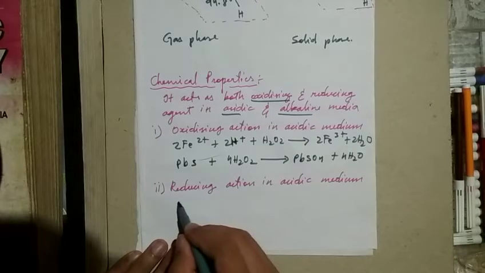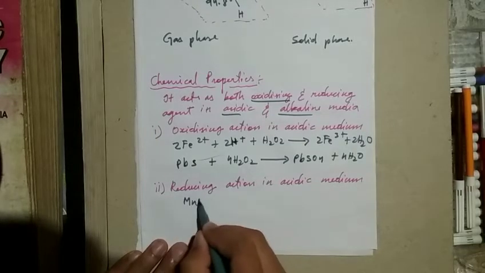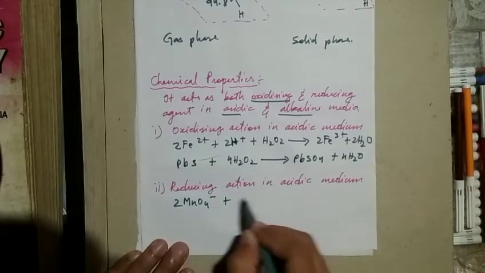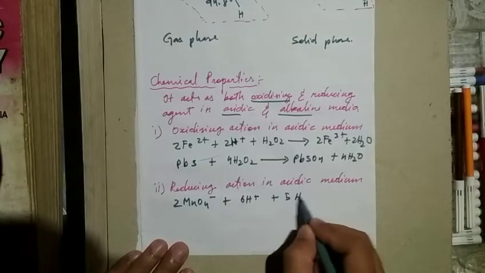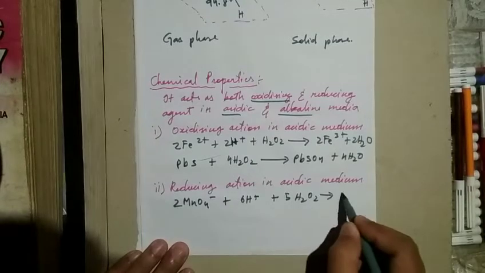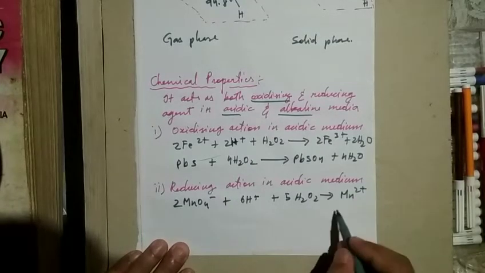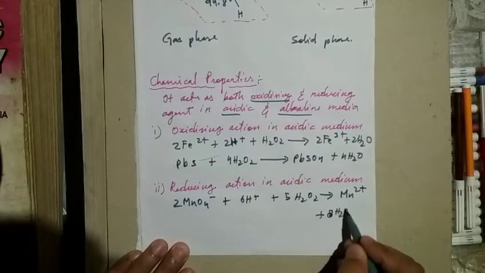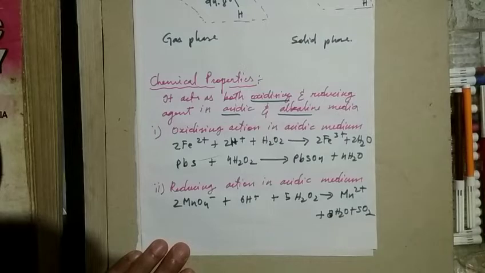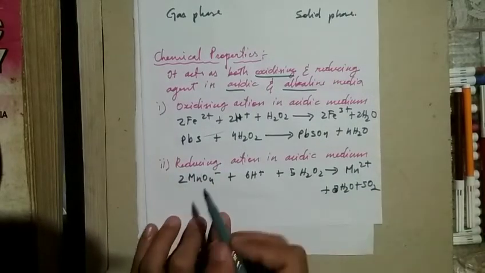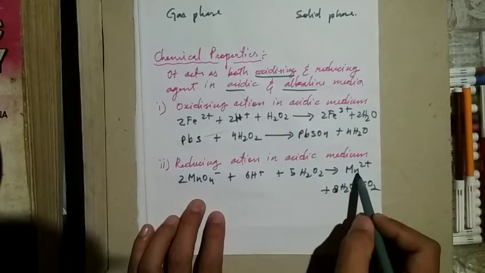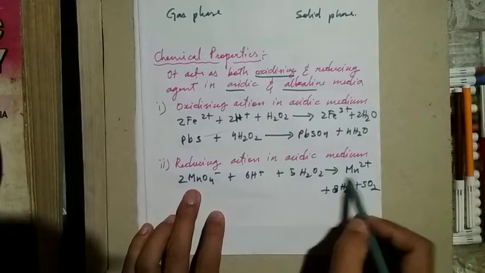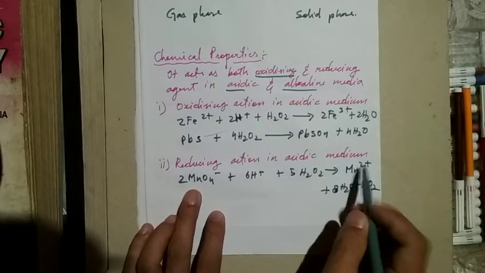So, 2MnO4- + 6H+ + 5H2O2 gives 2Mn2+ + 8H2O + 5O2. In this case, MnO4- is reduced to Mn2+.